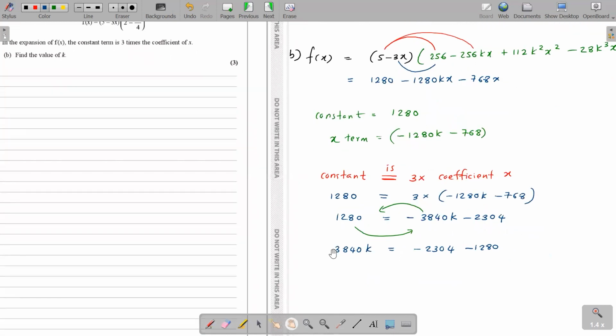Minus 2304 minus 1280 is minus 3584, and here I get 3840k, making k the subject. Minus 3584 divided by 3840 gives me minus 14 over 15. So basically this is your answer.